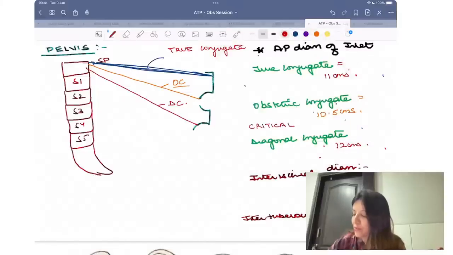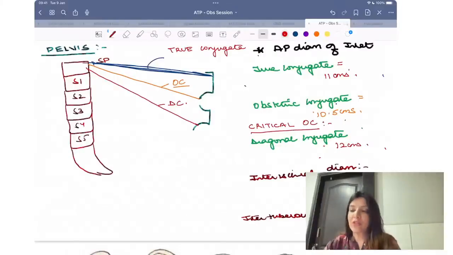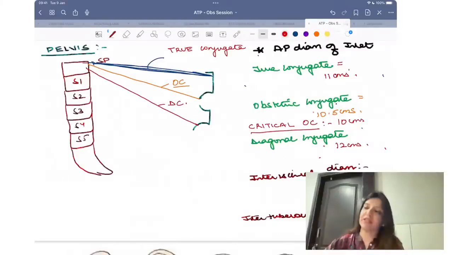Now there is something called the critical obstetrical conjugate. All those who are DBMCI students or Marrow students, quickly tell me, what do you mean by critical obstetrical conjugate? Dr. AM, very good. Critical obstetrical conjugate is that value of obstetrical conjugate below which normal vaginal delivery is not possible, and that value is 10 centimeters.